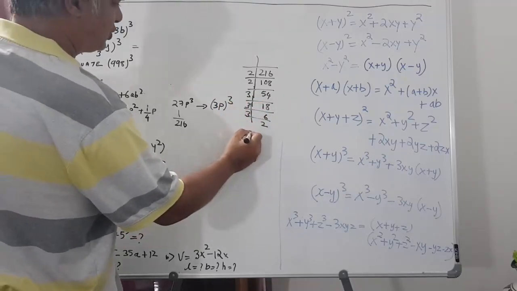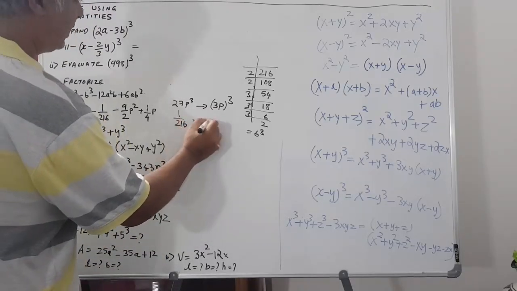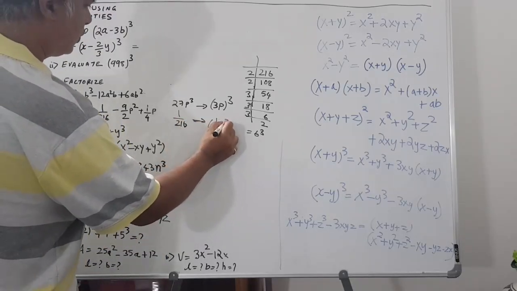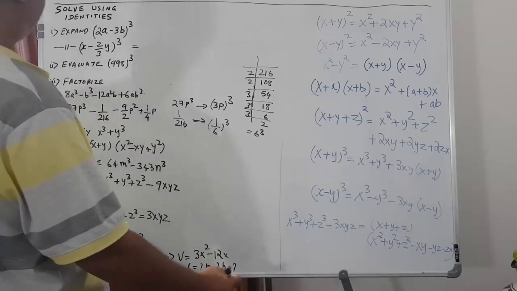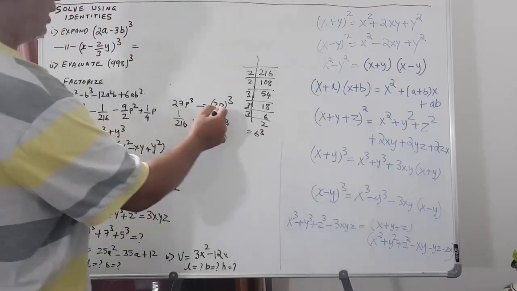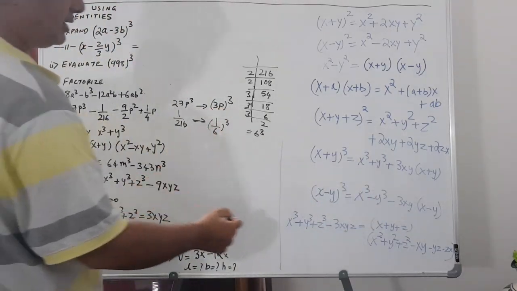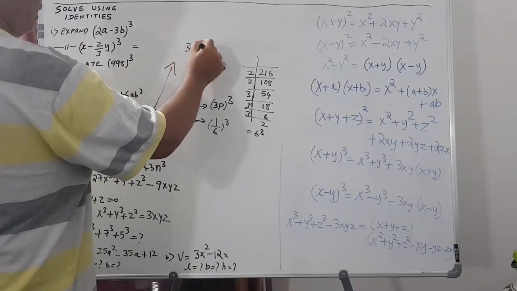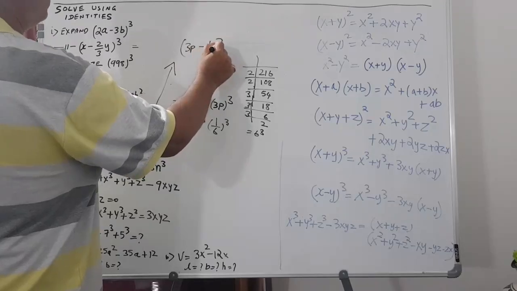So it is actually 6 cube, so this can be written as (1 by 6) whole cube. Here, if you look at this identity, instead of x we have 3p, and instead of y I have 1 by 6. So we get (3p − 1 by 6) whole cube.